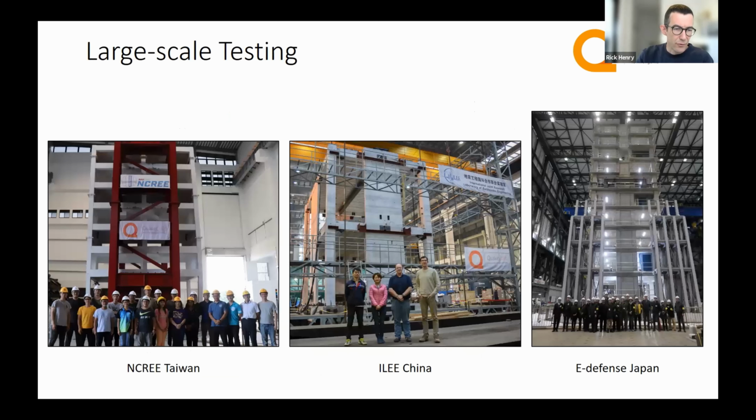So most will be aware that in the first phase of QuakeCoRE, we had some quite successful projects that leveraged international collaborations where we were able to access testing facilities. A few of those are shown here, where we had a 7-story test in Taiwan led by Ken and Tomomi, which has been a really great collaboration that's strengthened some of our ties with their research centre Incre.